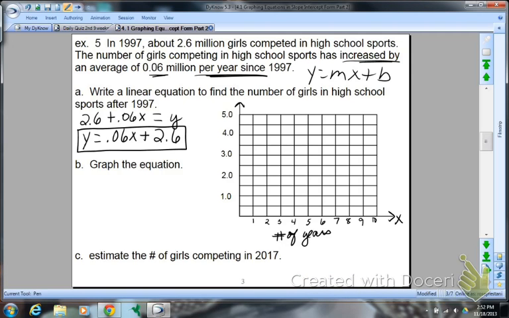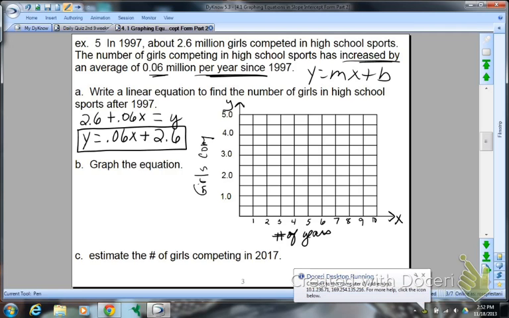And our y stands for the number of girls competing. I'm going to abbreviate.